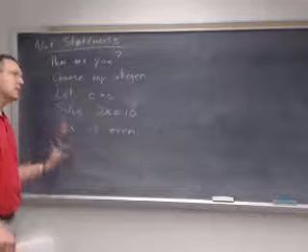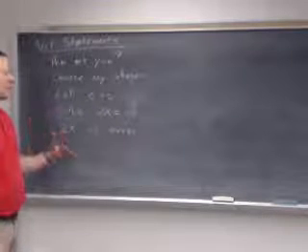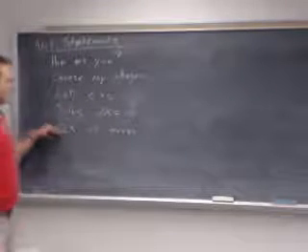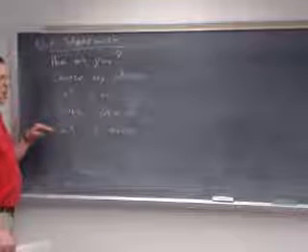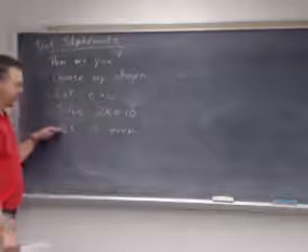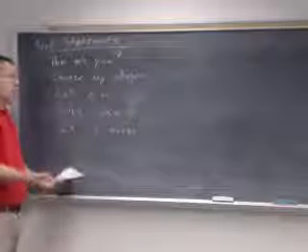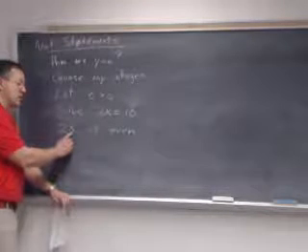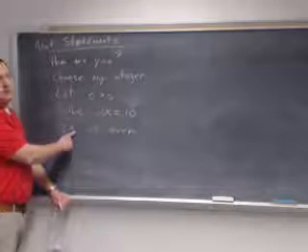It's not a statement if sometimes it's true and sometimes it's false. That's not the definition of a statement. So this is what we call an open sentence. It's open because it could be true or false, depending on the variable in the sentence.